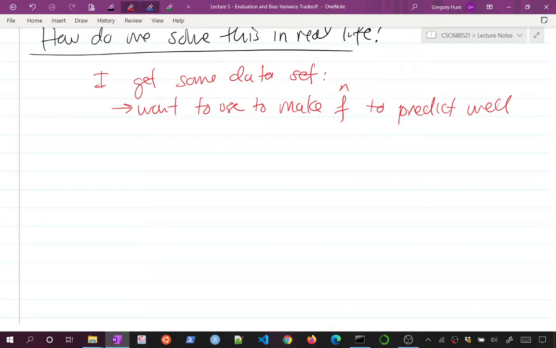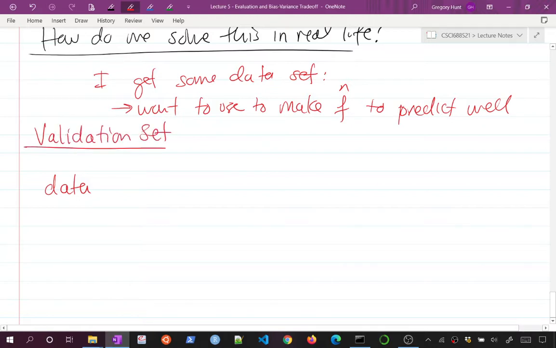So what people often do when they're building these things, and we can call this approach 1, which is maybe called a validation set, some people call it a validation set, we're going to call it a test data set. So here's the diagram.